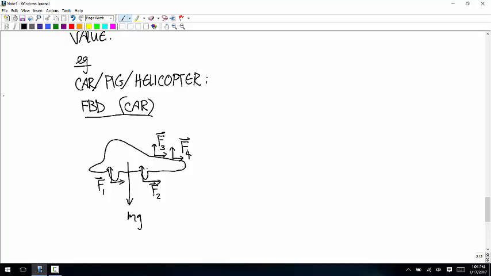You can only solve for one variable with each equation. And what we have here is every unknown vector has two variables associated with it, an x and a y component. So here we have 2, 4, 6, 8 variables we want to solve for. We only have two equations. So unless we can come up with some other things that are known about this problem, we're sort of stuck at this point.